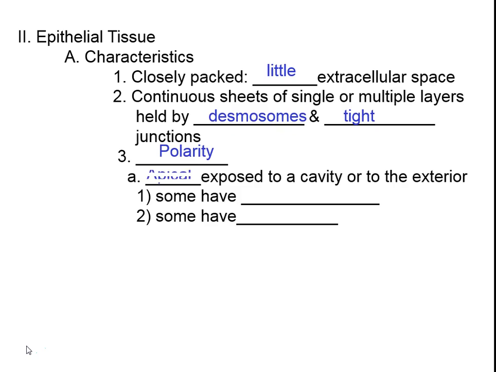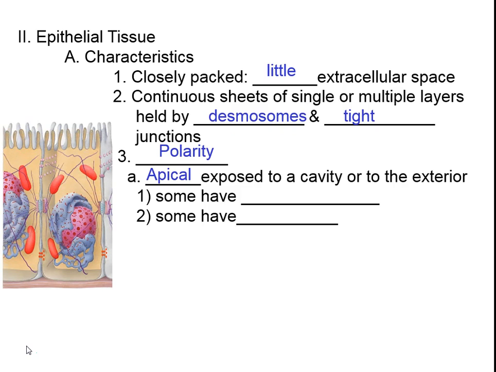They have one end called the apical end that is facing out to the cavity they're lining, or the surface they're covering. They're out to the air. So if this is your epithelial cell, then this is sitting on another connective tissue basement membrane, and this is the edge that's to the free surface. So this is the apical edge.